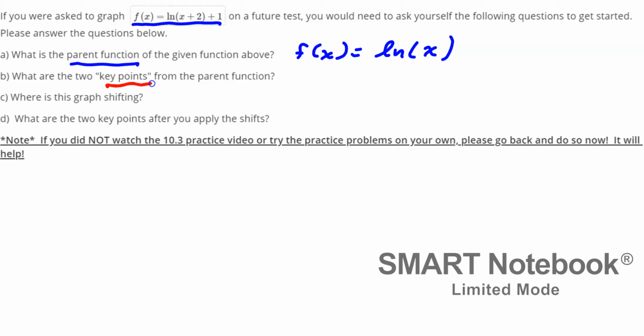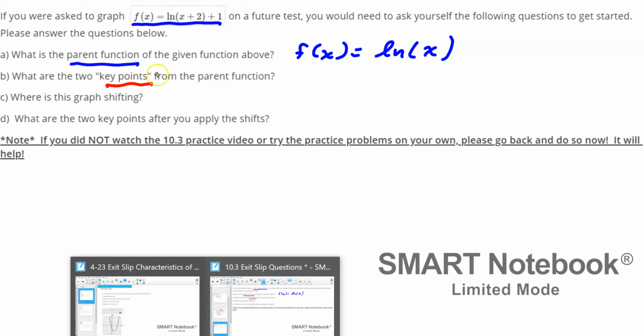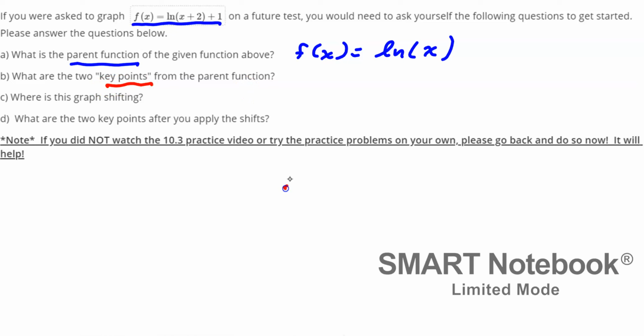The two key points of your parent function. If you're dealing with any type of log graph at all, log graphs always use the 2 points (1, 0) and then the base, 1. Some of you had this flipped. Some of you had (0, 1) and (1, the base), but that's for exponential graphs, not logs.